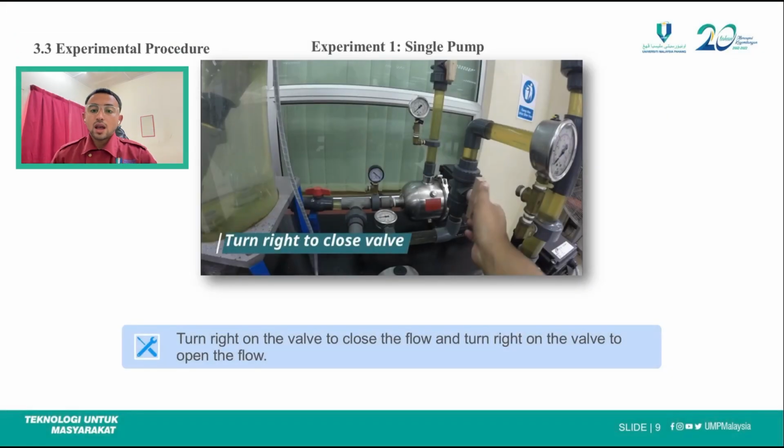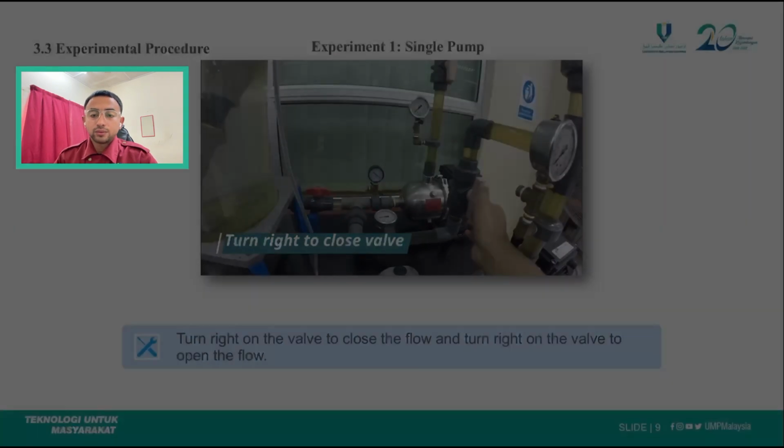Moving on to experiment 1, which is the single pump experimental procedure. Turn right on every valve to close the flow and turn left to open the valve flow.